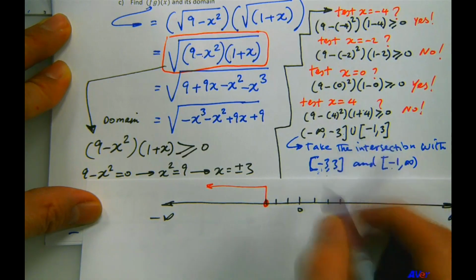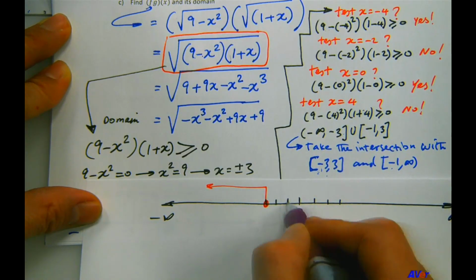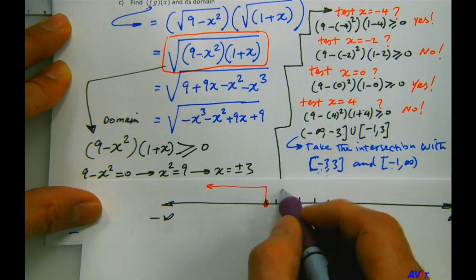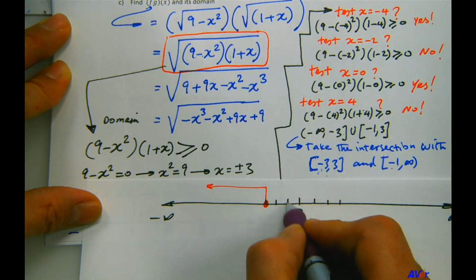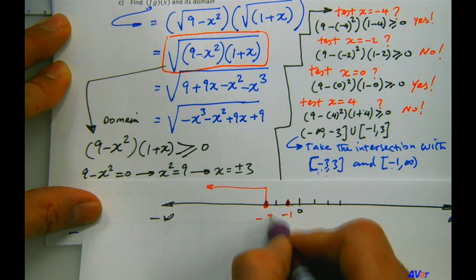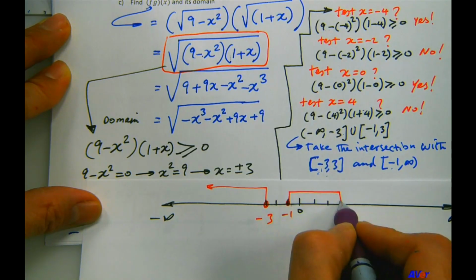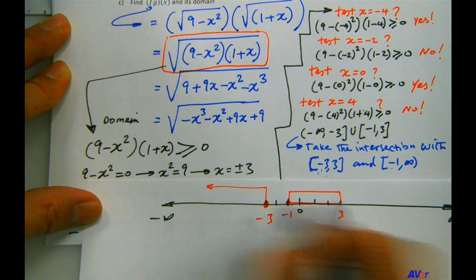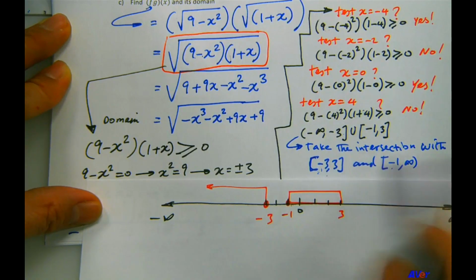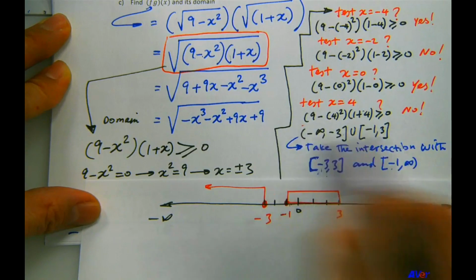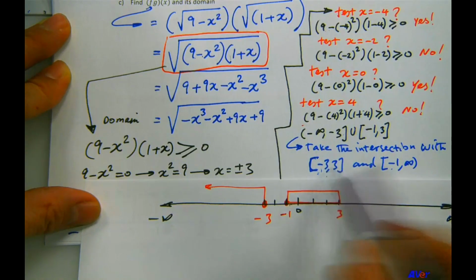Negative 1 to 3, that piece would be negative 1 to 3. So that area. And then what is the intersection of all of that with this?